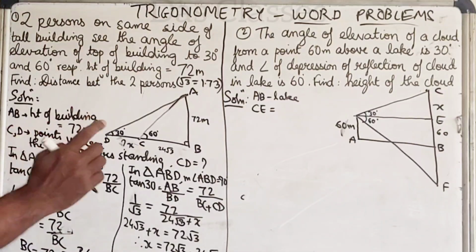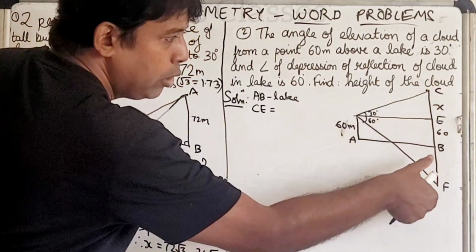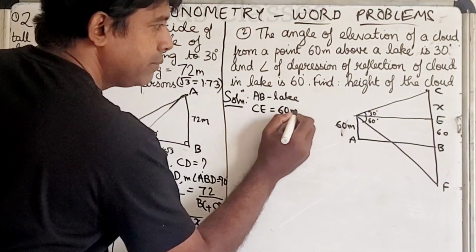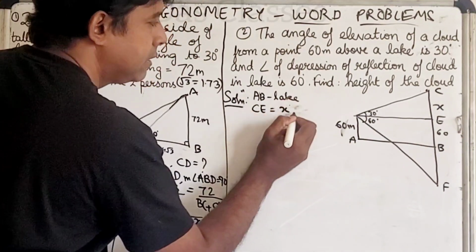And by the law of reflection, as you know, how much it is above it, it should be below it. So CE, sorry, CE is equal to, we are considering it as X.